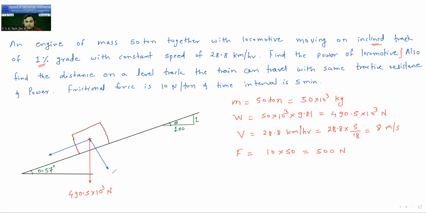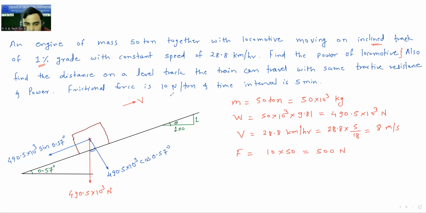So this will be 490.5 into 10 raised to 3 cos of 0.57 degree, because this angle is also same. And here it is 490.5 into 10 raised to 3 sine of 0.57. This is the direction of motion, direction of velocity.